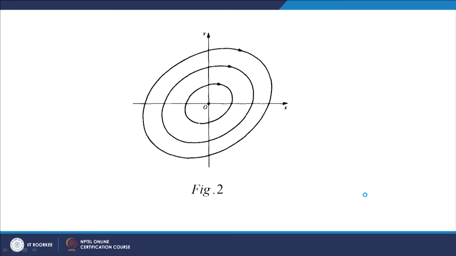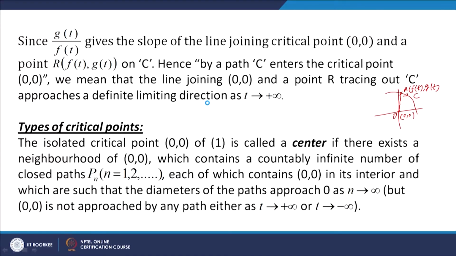Now, let us look at this figure. You can see here these are closed paths. Each path contains (0, 0) inside at its center, and they are approaching (0, 0), but you can see the diameters of the paths approach 0 as n goes to infinity, but (0, 0) is not approached by any path as t goes to plus infinity or t goes to minus infinity, and each path contains (0, 0) in its interior.